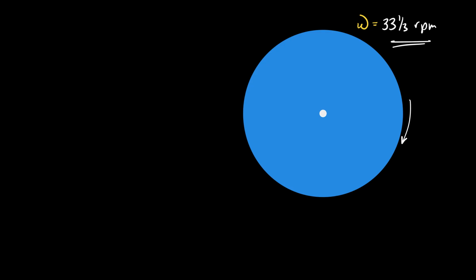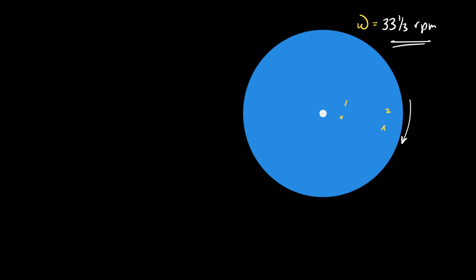Now, that's how fast the whole record is spinning. So that means a point that's right here, it's going around 33 and a third times every minute. And a point over here is going around 33 and a third times every minute. But which one of those two points is making a bigger circle? Point number 1 or point number 2? 2.